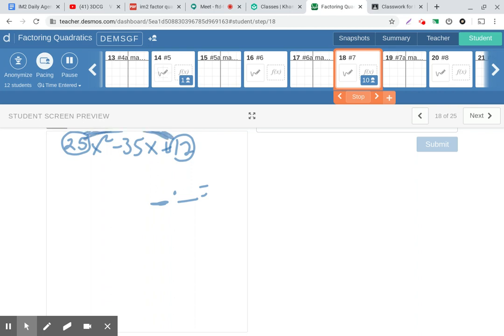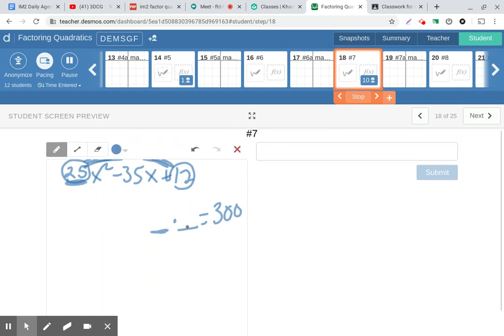So when there's an extra number up here, then you have to multiply with the 12, and that is 300. Okay, so we're thinking of two numbers. Now you only have to do this extra step when there's a number out here, because this also is going to change things.